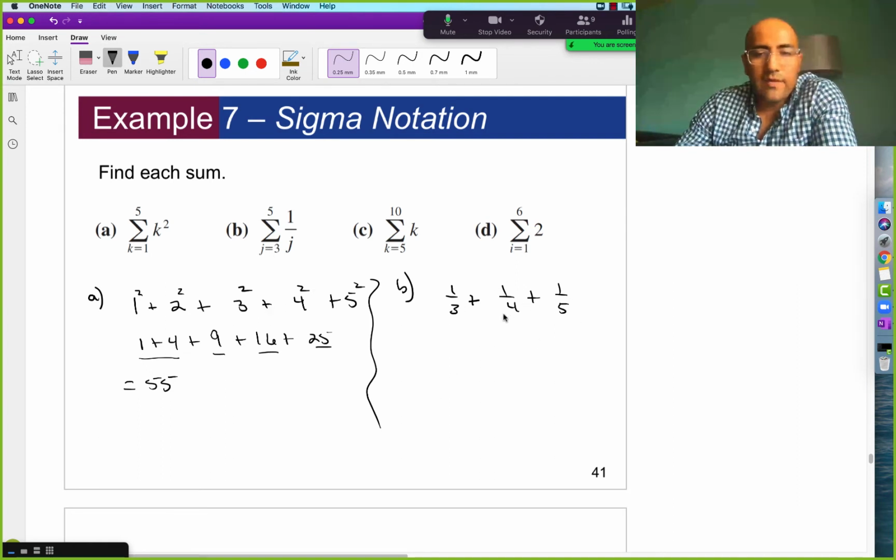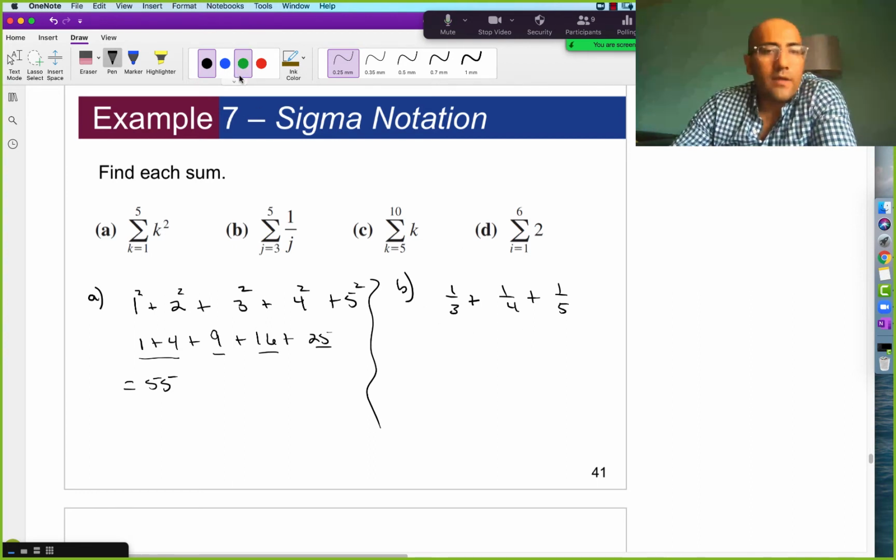Okay, common denominators here. It looks like it's just going to be a multiplication of all of them, 3 times 4 times 5, yep, 60.